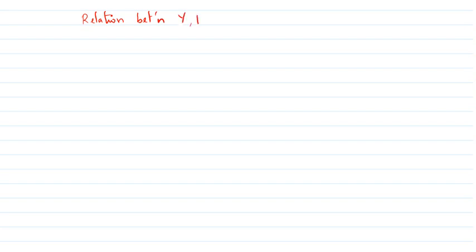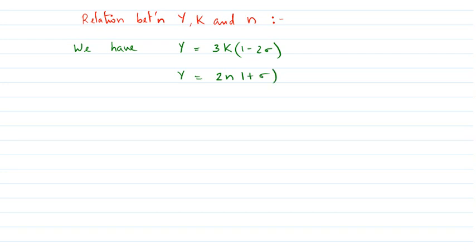From the last two equations that we already got, the relation between Y, K and sigma and Y, N and sigma, we can find the equation for Y, K and N. So we have Y equal to 3K times 1 minus 2 sigma, and another equation Y equal to 2N times 1 plus sigma.